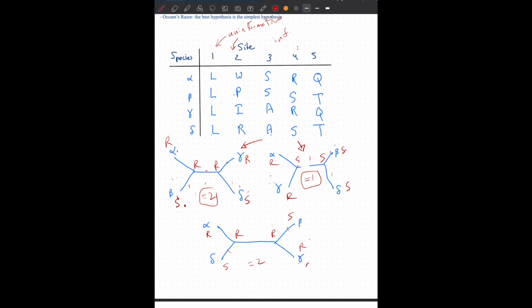Now you can see the difference between 4 and 5 is superficial. I replace R by Q, and S by T, and we know right off the top that it's also going to favor this tree. So the most parsimonious tree for this matrix is this tree right here that puts alpha and gamma together.